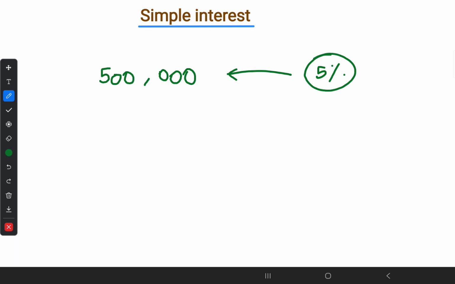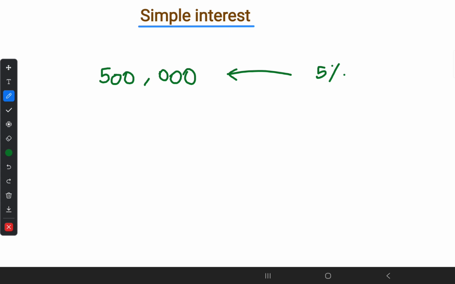So 5% of 500,000 is the amount of interest I need to pay for 1 year. Sometimes the bank or the financial company will charge the interest as an annual payment or sometimes as a monthly payment, mostly monthly. Now I'll explain the annual, and thereafter let's come to the monthly payment.